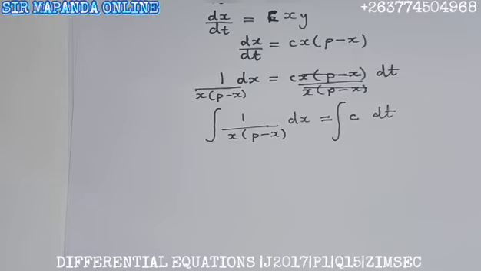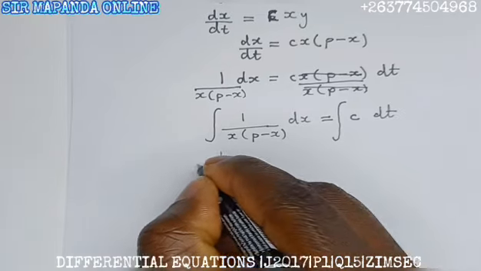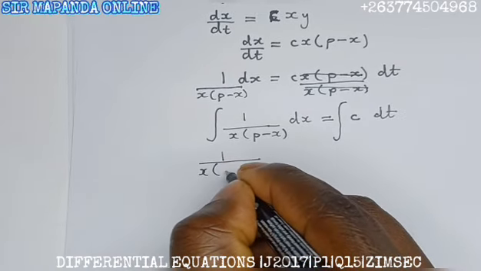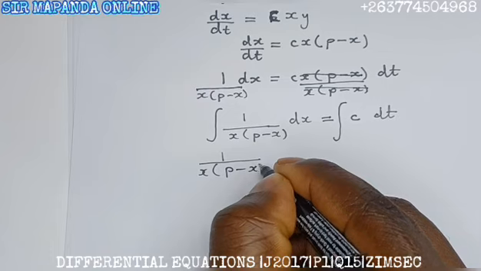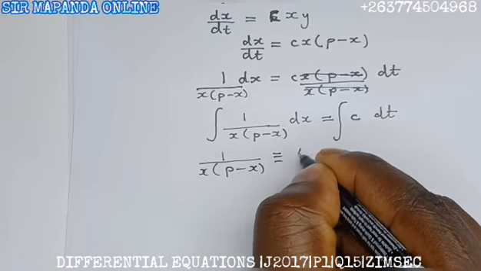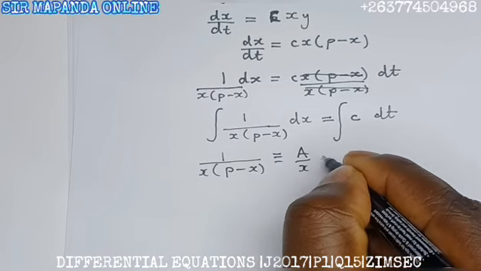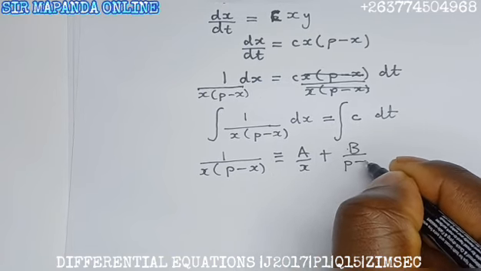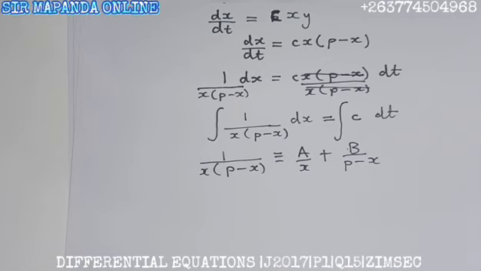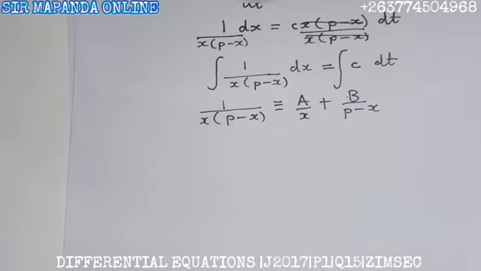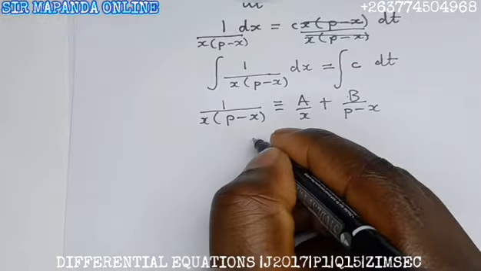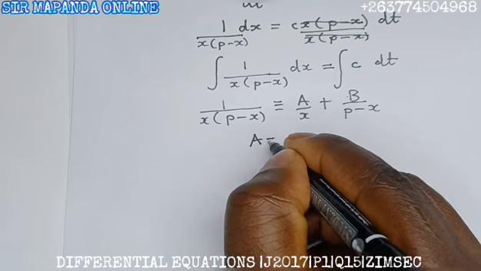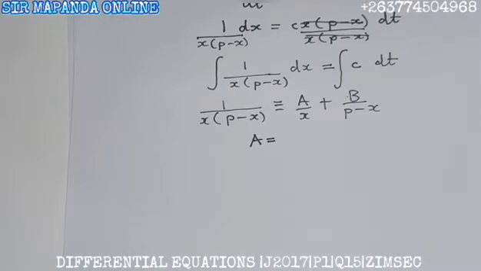So on the left side, we need to carry out partial fractions. It means 1 over x, P minus x is going to be identical to A over x plus B over P minus x, something like this. So to find A, we can make use of the cover-up method.